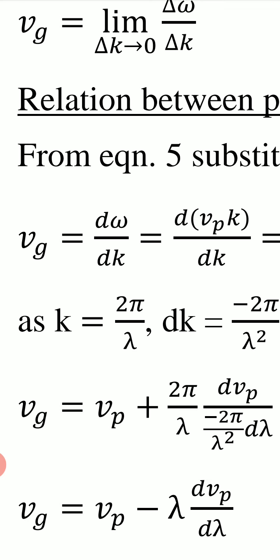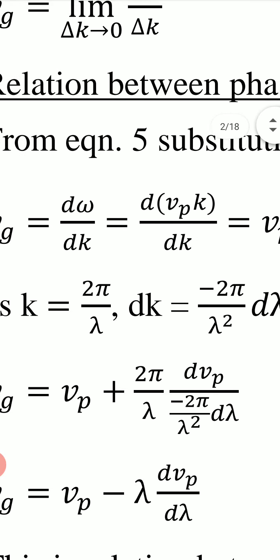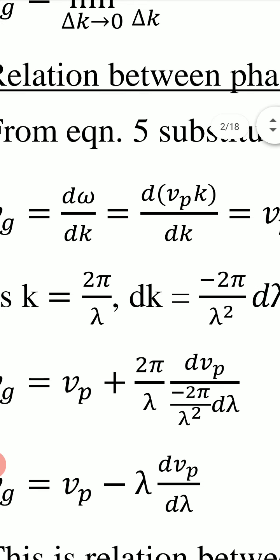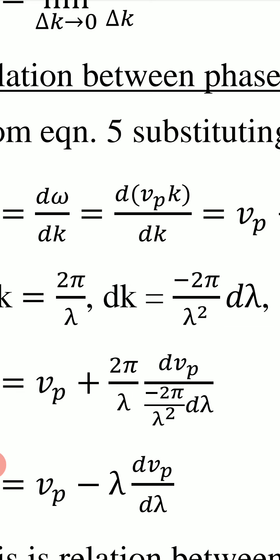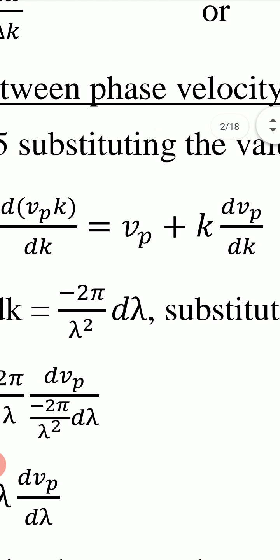Since k is 2 pi upon lambda, k is the propagation constant, and it is related to wavelength lambda by this formula. So dk is equal to minus 2 pi upon lambda square d lambda. 2 pi is constant, and the differentiation of 1 upon lambda is minus 1 upon lambda square d lambda. Now put the values of k and dk.